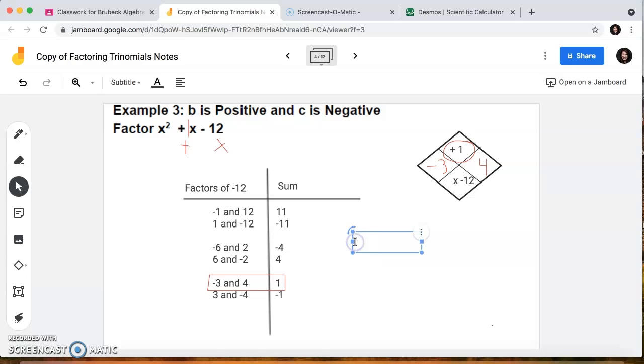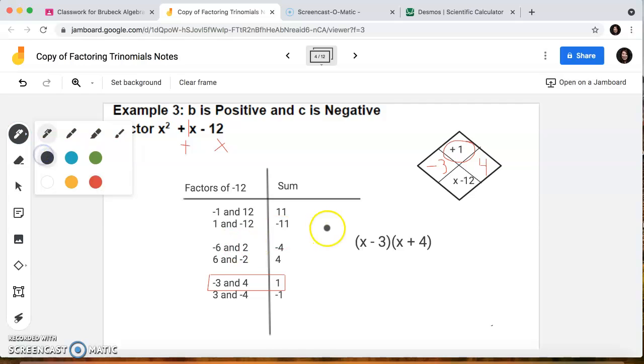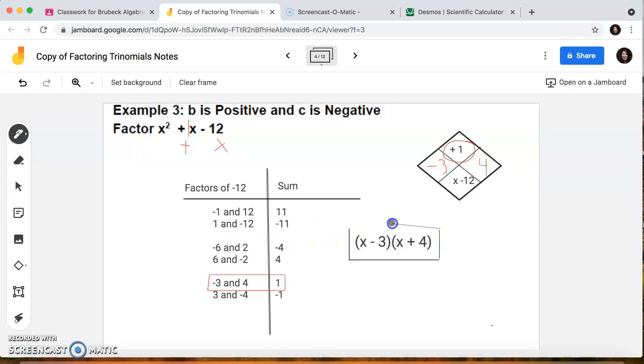And when we're writing the answer, you're going to have x minus 3 because the 3 is negative, and then x plus 4 because the 4 is positive. And that is your answer. And when you're thinking about this, what we're saying is that if we were to multiply these two expressions together, we would get this original trinomial.